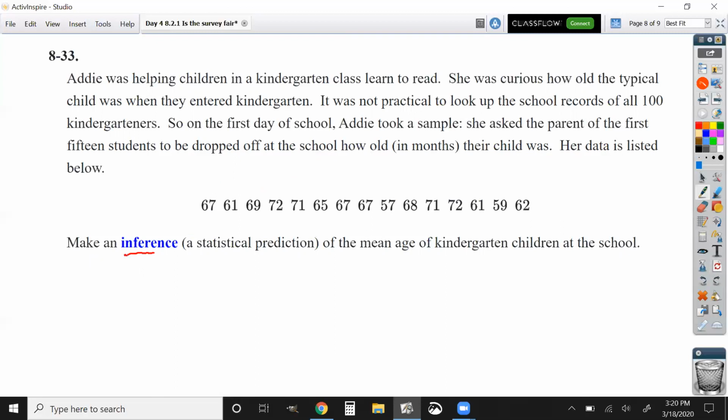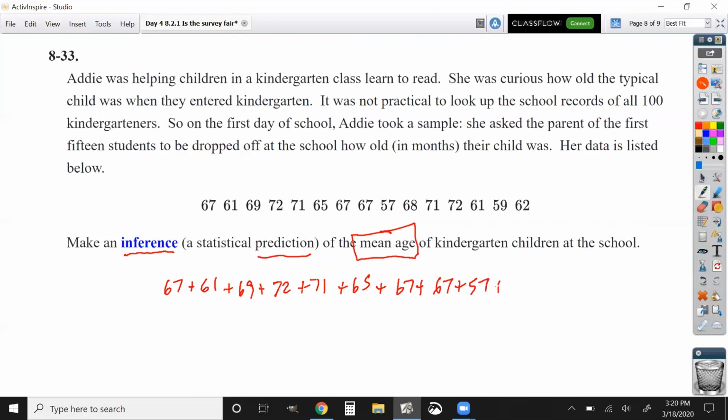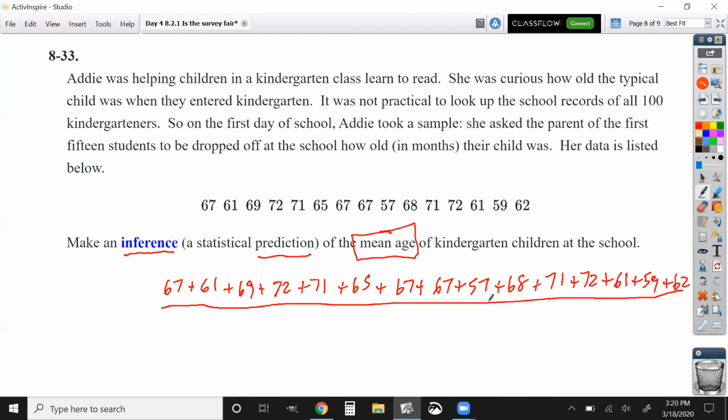Make an inference, a statistical prediction of the mean age of the kindergarten students. So if I took 67 plus 61 plus 69 plus 72 plus 71 plus 65 plus 67 plus 67 plus 57 plus 68 plus 71 plus 72 plus 61 plus 59 plus 62, and I divided it by the number of numbers, 15, because didn't she ask 15 people?